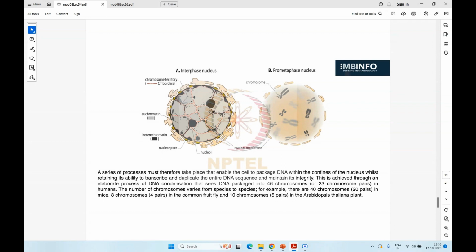So basically, one centromere is going to pull this one, and the other is going to pull this one, to different sides of the cell.